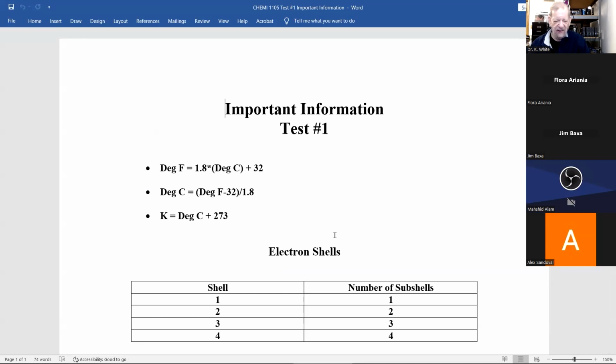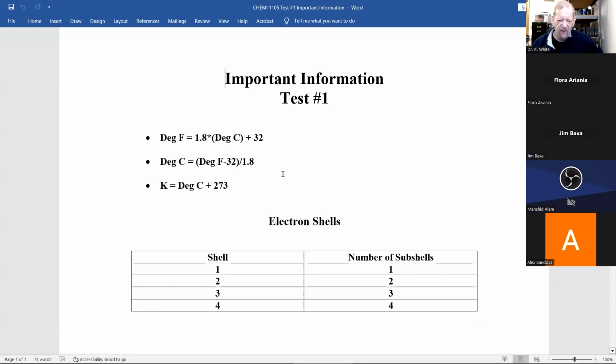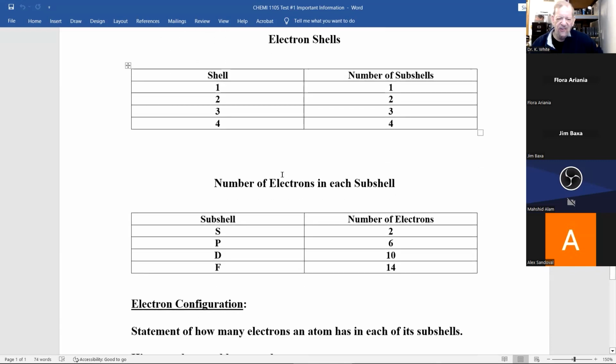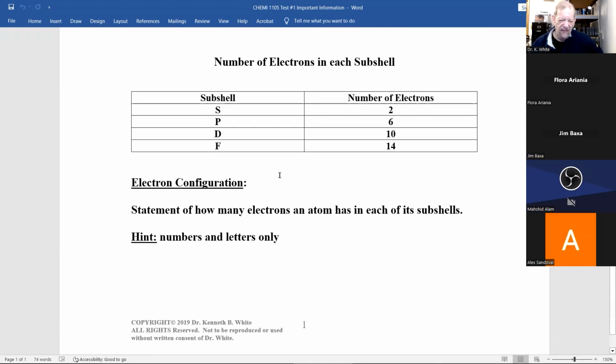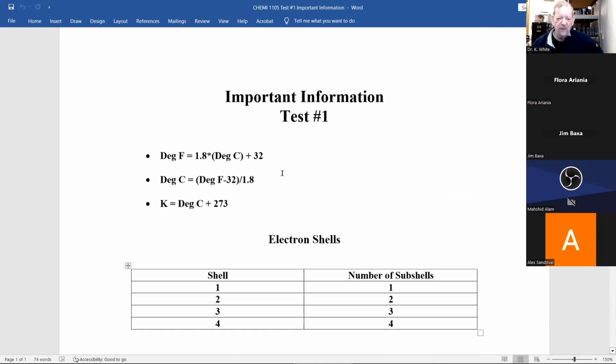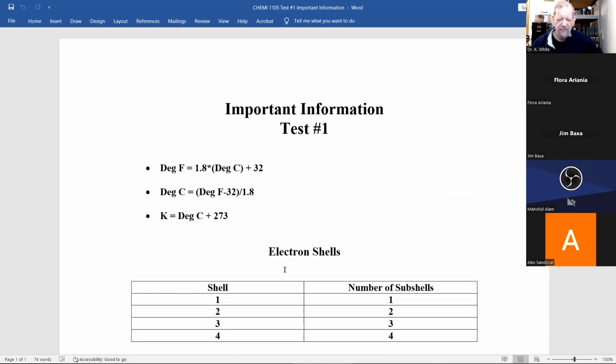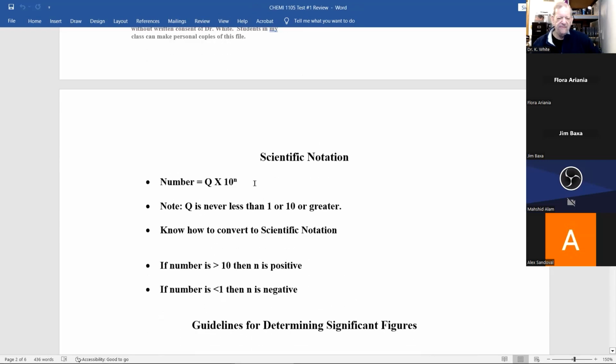So at the last page of test number 1, and similarly for tests 2, 3, 4, and the final, I have some important information that you don't have to memorize. A number of years ago, you'd have to memorize these formulas. You don't. It'll be given to you. And hopefully you've done the practice problems for temperature.